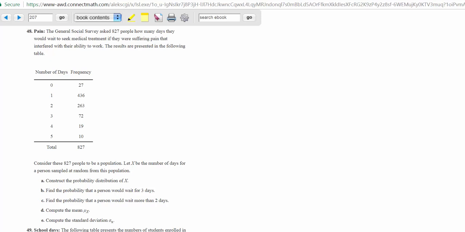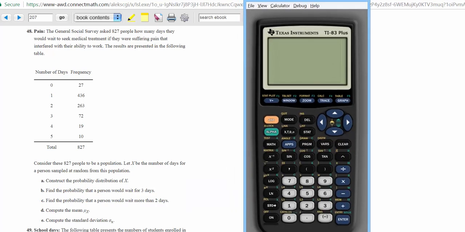Okay, construct the probability distribution function. That's the first step in solving this problem. I'm going to get my calculator here. Let me show you. I'm going to go to stat edit, and in L1 I already have all my numbers plugged in.